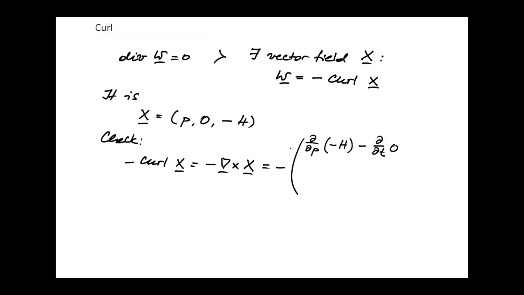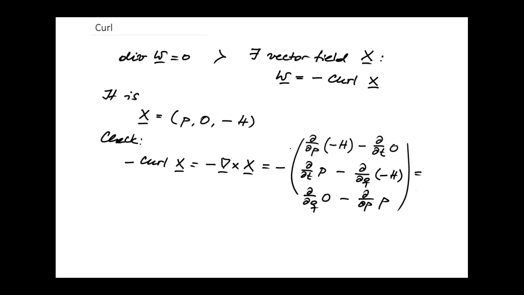Then for the second component of the curl, we have the derivative with respect to the third component of the first component minus derivative with respect to the first component of the third component, and here finally derivative with respect to the first component of the second component minus derivative with respect to the second of the first.